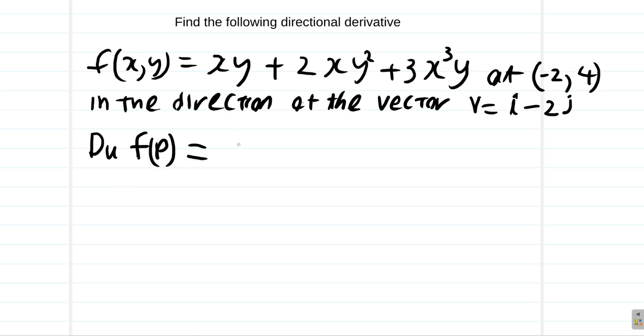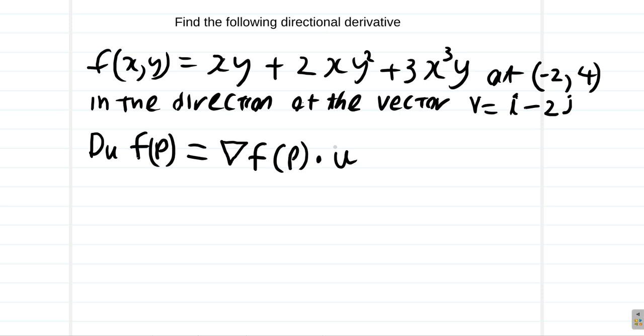It is equal to the upside down triangle f, that means the gradient of the function at that point, and the point is p, dot u, all right?